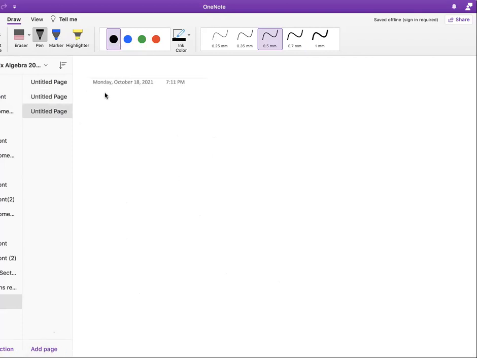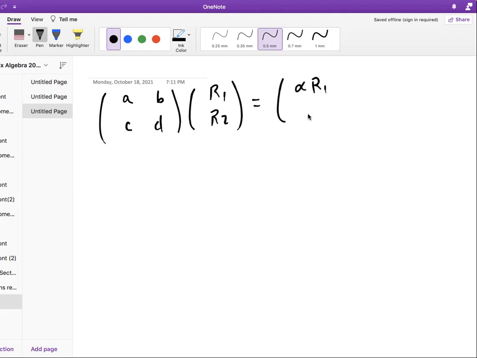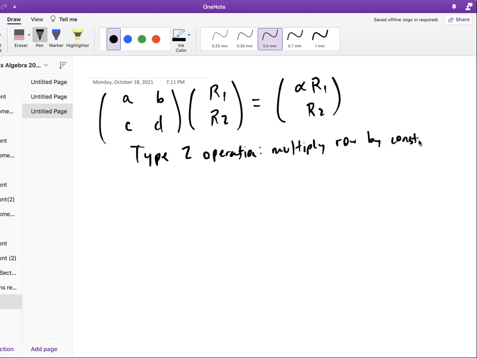All right, we have, let's do A, B, C, D. And I want to make it into alpha row 1 and row 2. So this is a type 2 operation. Right, this one was multiply a row by a constant. All right, so what do you think it should be?